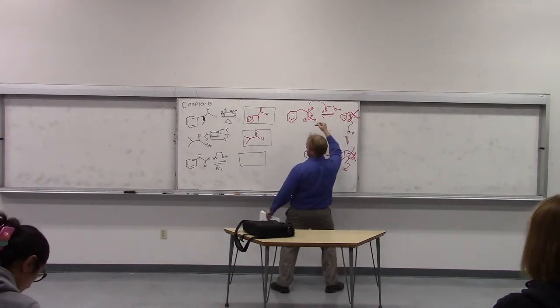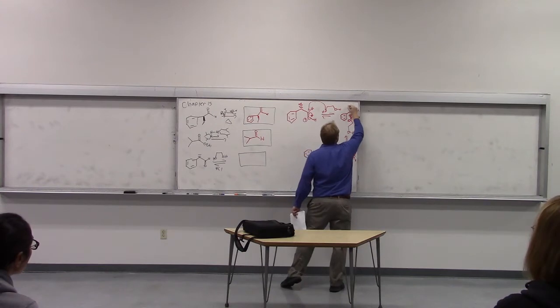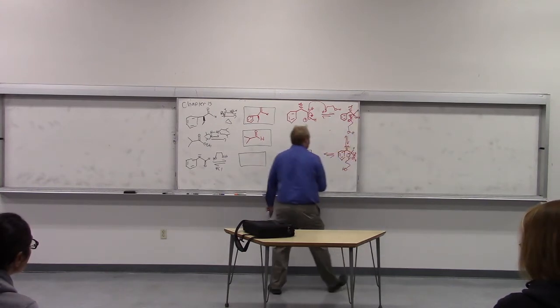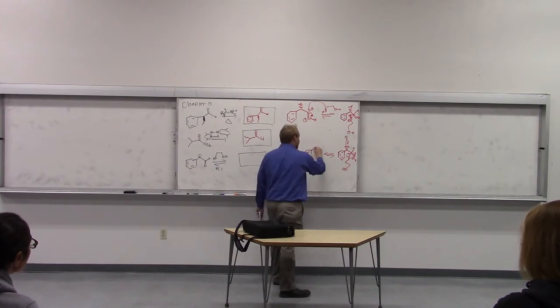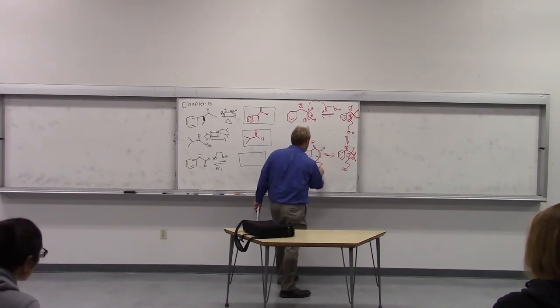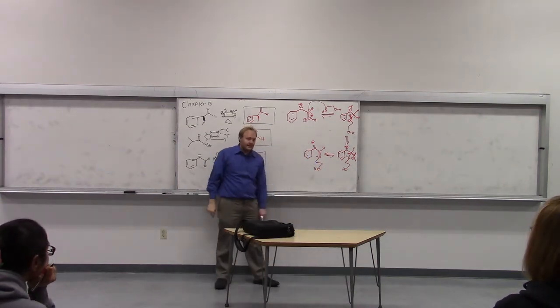And I think there should be a methyl group. Of course, the methyl group is completely inconsequential, which is why I forgot to draw it, but just to be consistent. So that will give us something like this.